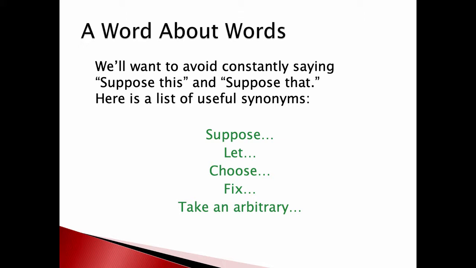Okay, one of the things that we'll get better at as we go through this class of writing proofs is, you know, if you use the same English words over and over and over again, it's really boring, and it sounds like you're just learning how to write proofs, which of course for now you are. But as we get better at this, you want to get better at writing proofs that sound good when you read them. Especially, take that fix for a second.